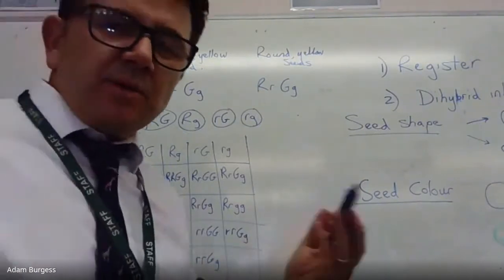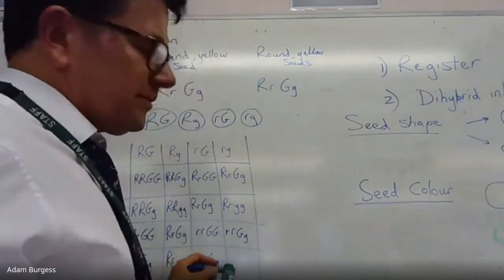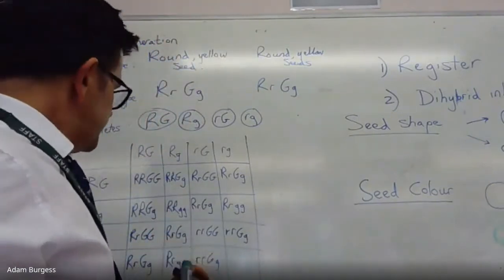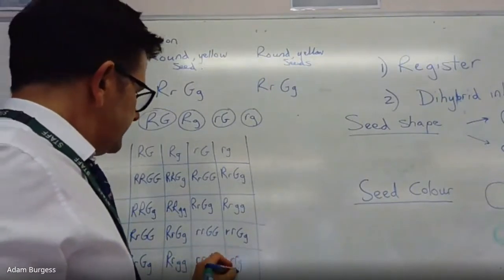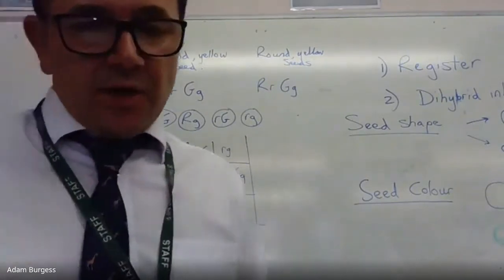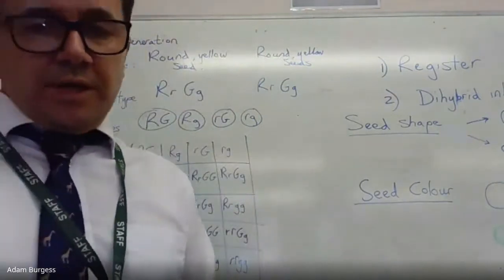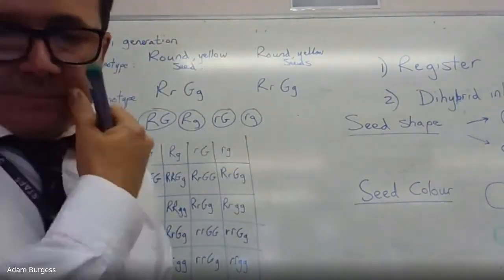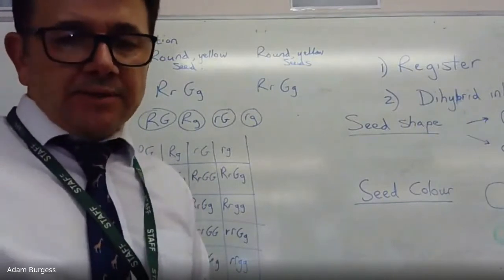Notice I always like to put the dominant first. I don't like to put the recessive first. It's just easier to read when I have to work out what's going on. Right, so if you work it out, you will find that there are 9 round yellow seeds.